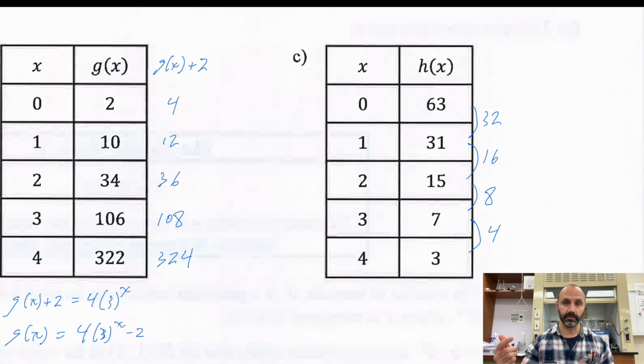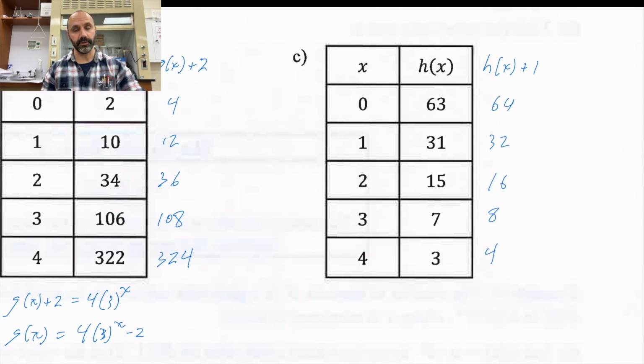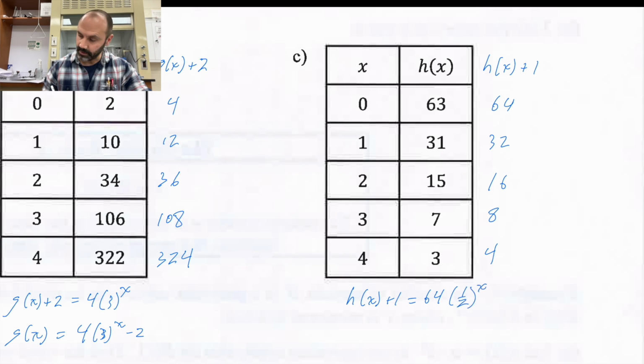Those are values that are each half of the other. So now I'm going to write h of x plus 1, and I get 64, 32, 16, 8, and 4. I have a common ratio of 1/2, and I have an initial value of 64. h of x plus 1 equals 64 times 1/2 to the x power.